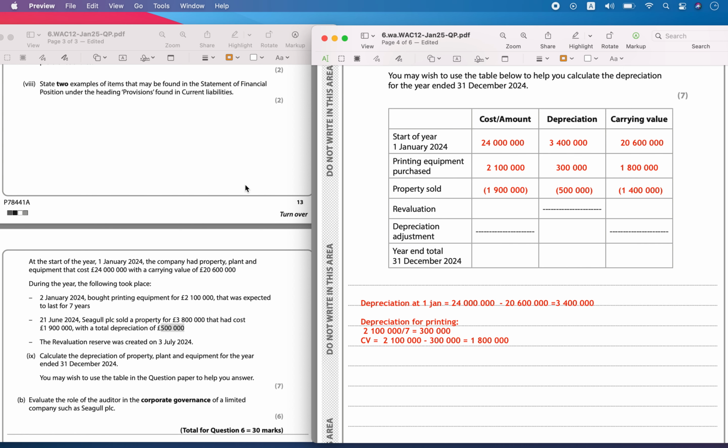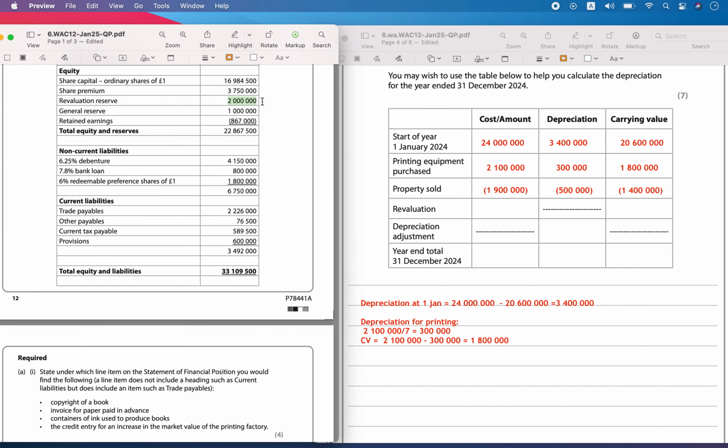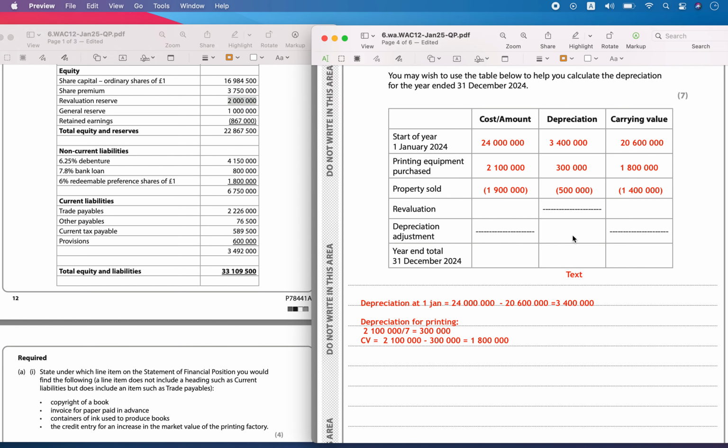Then the revaluation reserve was created on 3rd July 2024. So let's see what the revaluation is at the ending. It was 2 million. So the revaluation reserve is going to be 2 million, and the carrying value also will be 2 million. Then we have to do the depreciation adjustments.